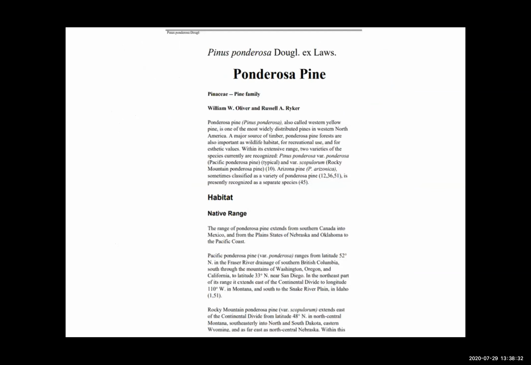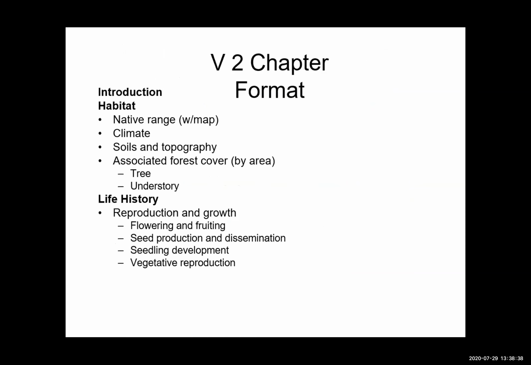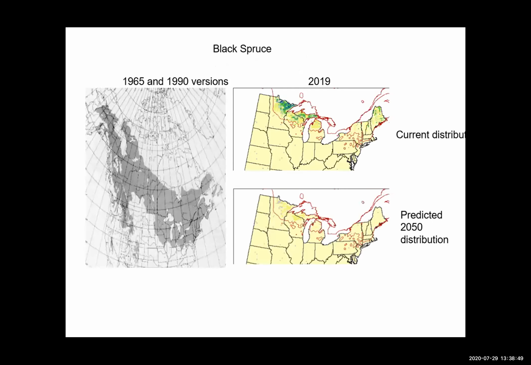So here's just a page out of it showing ponderosa pine with its native habitat and other information, including the type of climate it likes, soils, associated forest cover, the life history, all really good stuff. Unfortunately, this document is about 30 years old. It was last produced in 1990, and a lot of the information going into it was from the 1980s. So it's woefully out of date in many ways.